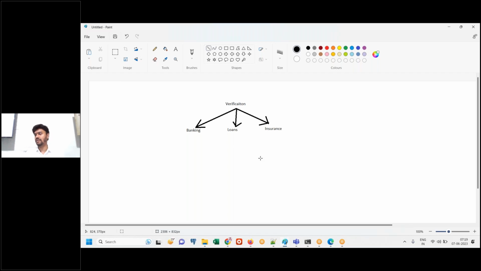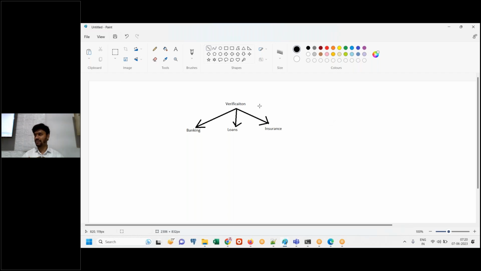Clear, everyone? Why are we doing this? Why do we need inheritance to achieve the proper business structure? There are other advantages which I will tell you going forward. Look here now. Verification will be the parent class.